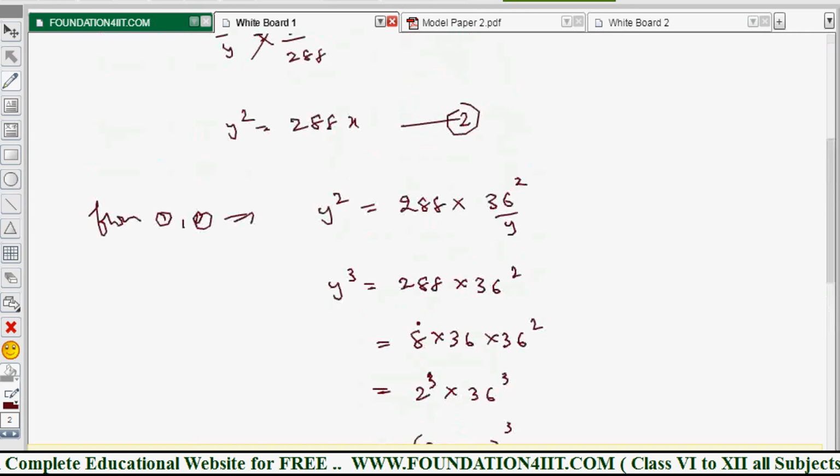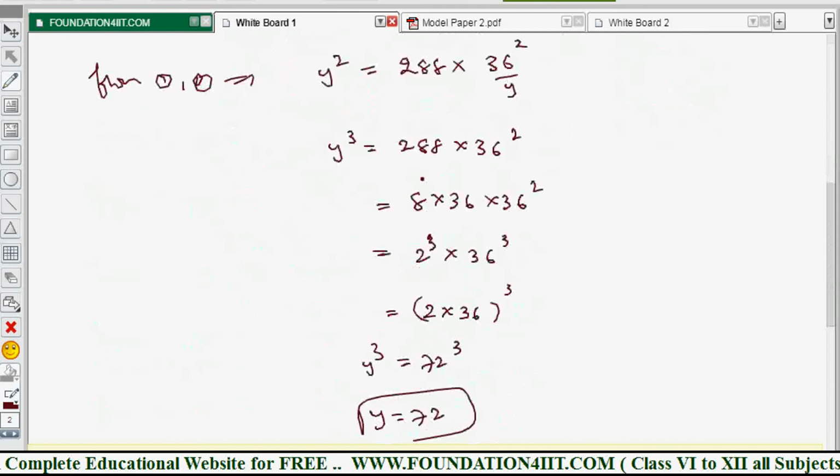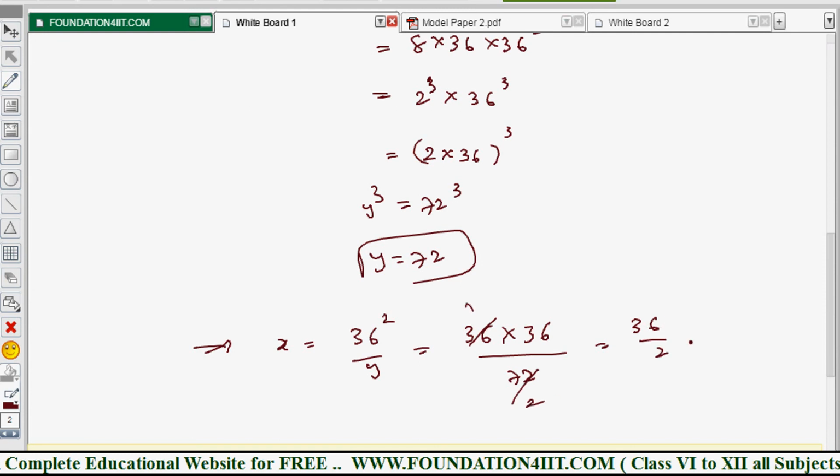Then we can find out the value of x. Here x is 36 square by y, so 36 into 36, and y is 72. 36 by 2 is 18.